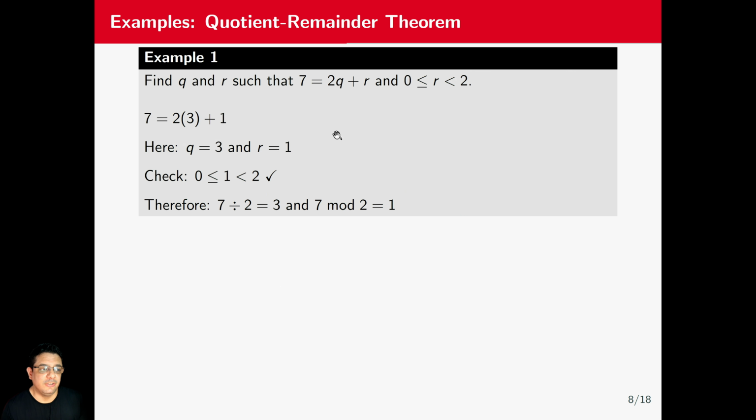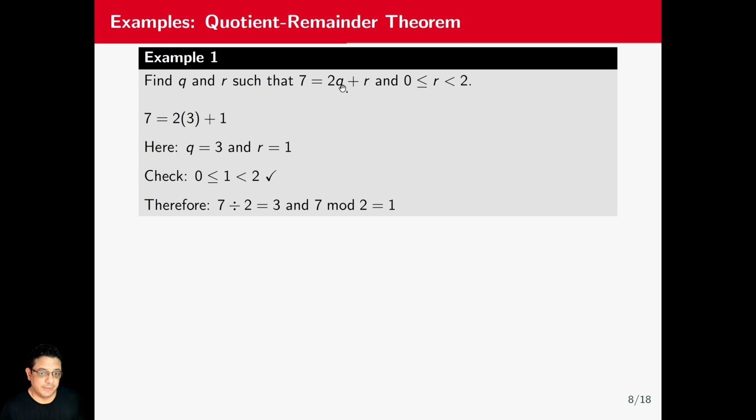Now let's see some examples with this. First, let's find q and r for the division of 7 by 2. Essentially I'm checking how many times 2 fits in 7, right? You know immediately that 2 goes into 7 three times, and it's going to have a remainder of 1 because I cannot fit another 2.